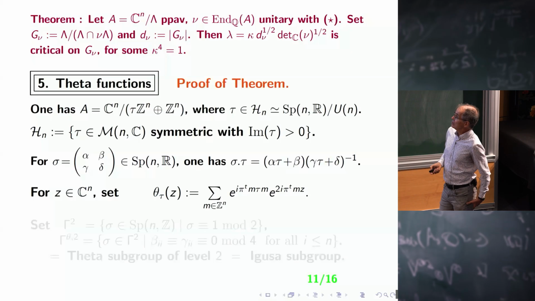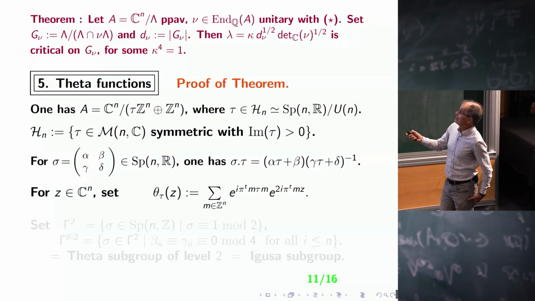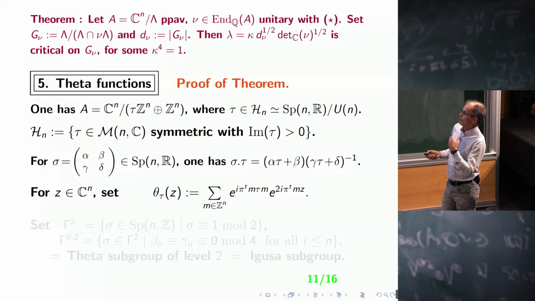So I have this theta function, periodic in Z^n, and not exactly but semi-periodic in the direction tau Z^n. What will be important later on is how they depend on tau. The point is that when I'm given this Abelian variety, I don't know tau.